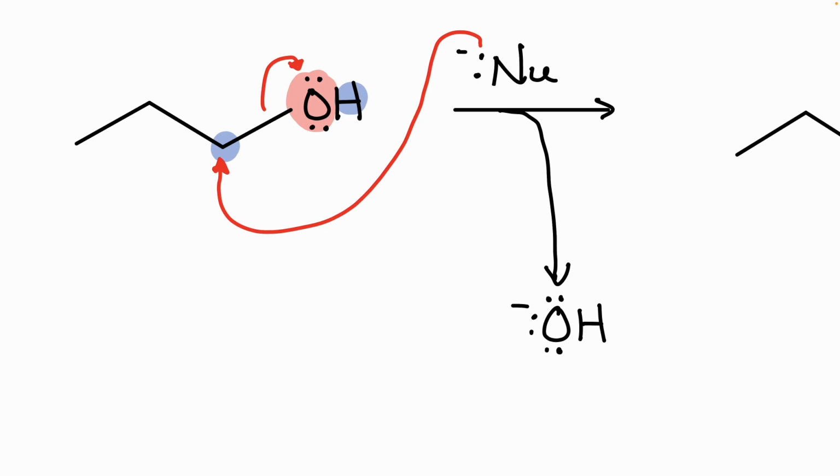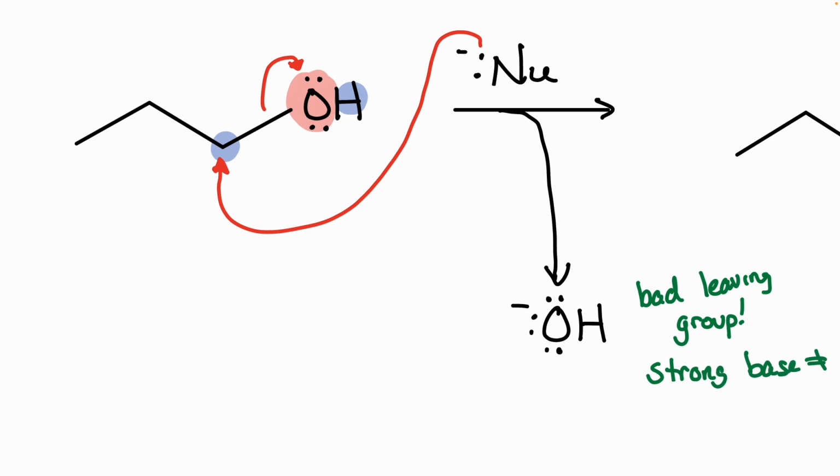And in the grand scheme of things, the hydroxide ion is a bad leaving group. Strong bases are bad leaving groups. Hydroxide is a strong base. And again, strong base equals bad leaving group.